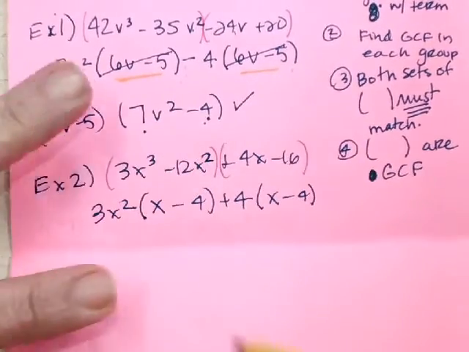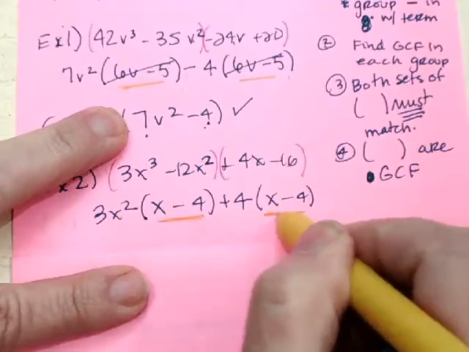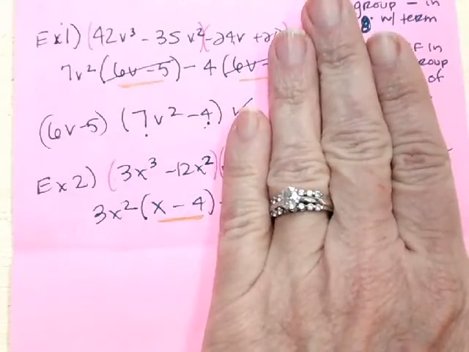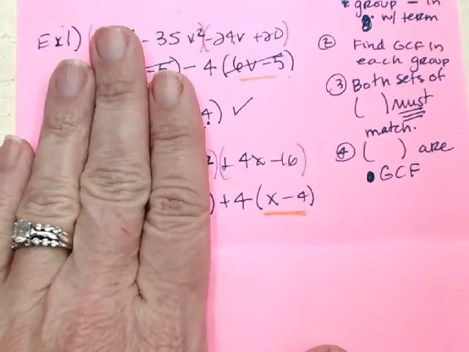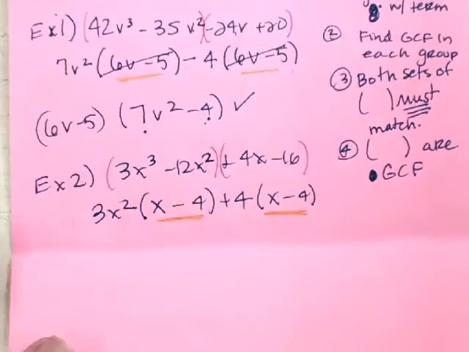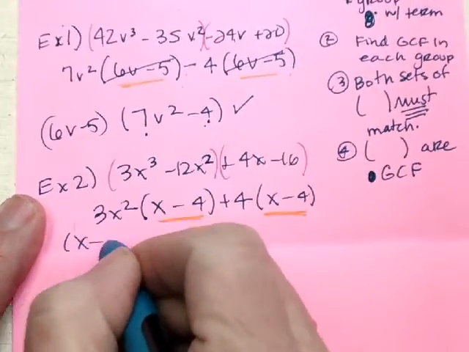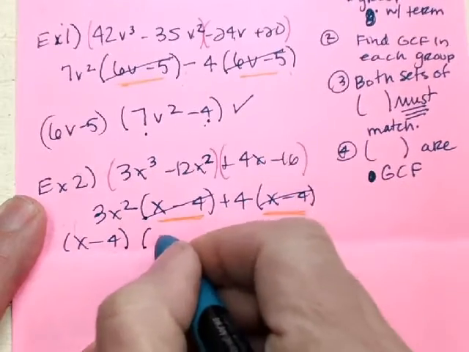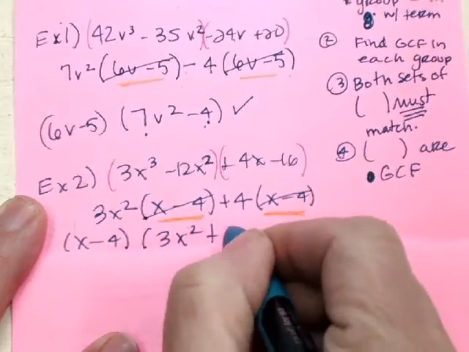And that's what I wanted, is for these things to be the same, because now in this term, I have an x minus 4, and in this term, I have an x minus 4. So my greatest common factor now is x minus 4, and that leaves me, when I factor this out, with a 3x squared plus 4.